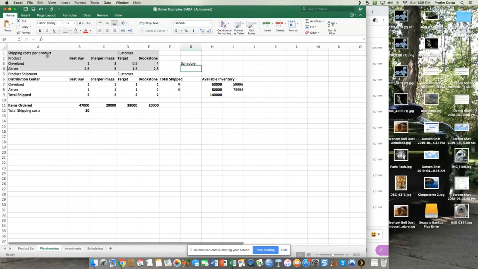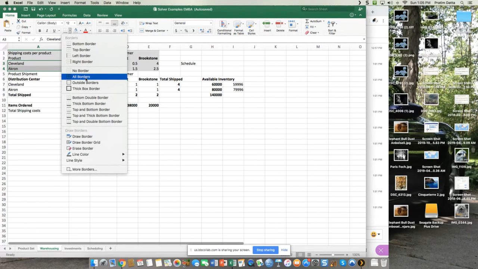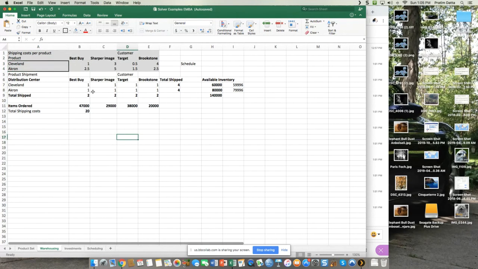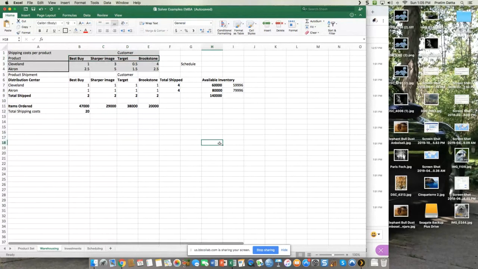So once again, a company has warehouses in these two cities, Cleveland and Akron, from which it ships to 4 of its vendors: Best Buy, Sharper Image, Target, and Brookstone. We know the cost because the company has the cost schedule on hand.